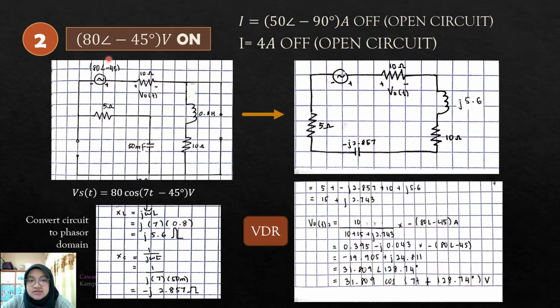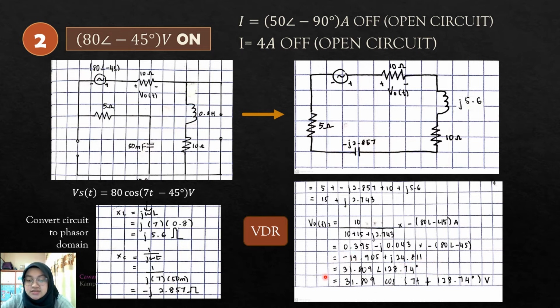The given source is 80 angle negative 45 degree, but I insert negative because the voltage source is in the opposite direction with the resistor. So we get the value of negative 19.905 plus j24.1811 volt.